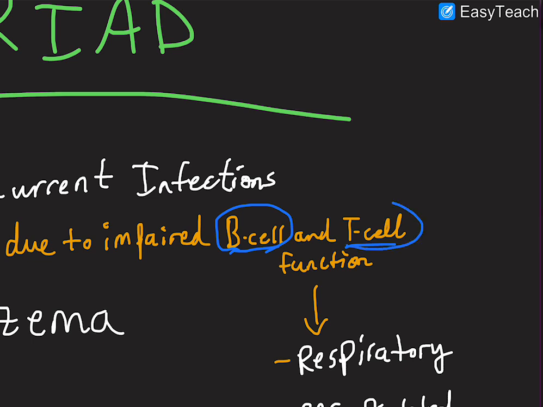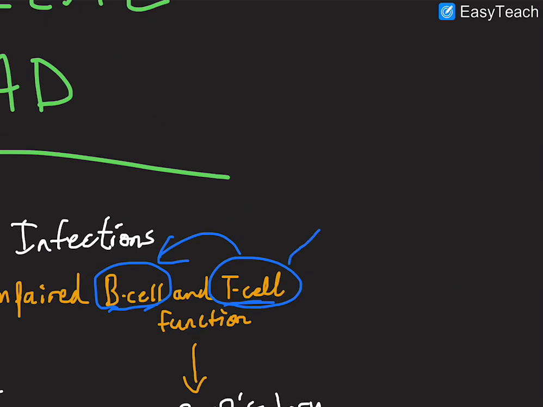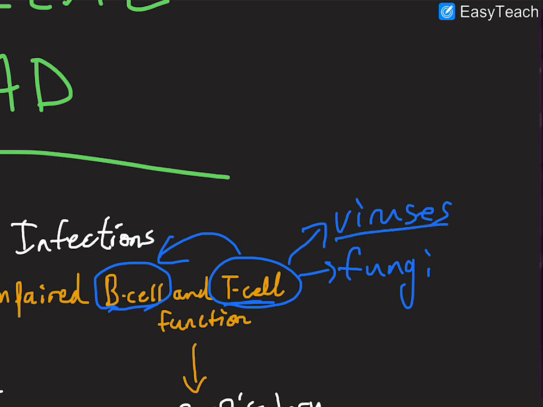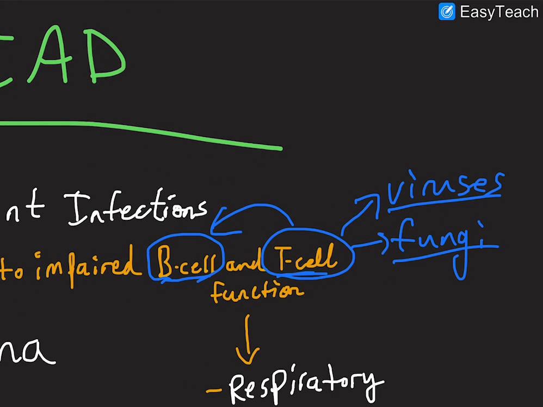And we know T cells are important for activating B cells, and for fighting viruses and fungi. So if we have T cell dysfunction, we're not going to be able to fight viruses or fungi properly, and we're not going to be able to activate our B cells properly. So we're going to have decreased antibody production that way also.